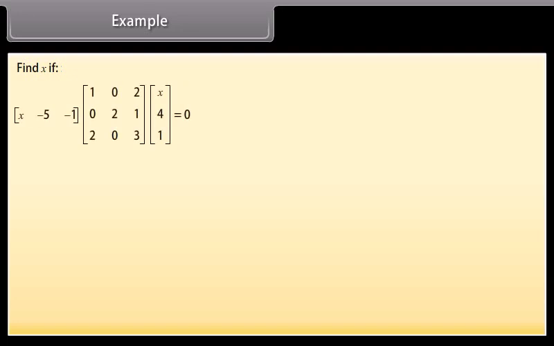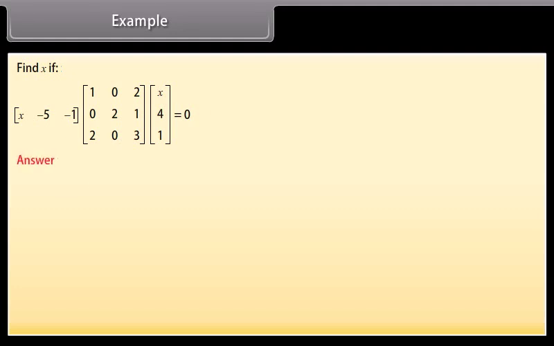Example. Find x if the matrix with first row x, minus 5, minus 1, multiplied by the matrix with first row 1, 0, 2, second row 0, 2, 1, third row 2, 0, 3, multiplied by the matrix with first row x, second row 4, third row 1, is equal to 0.